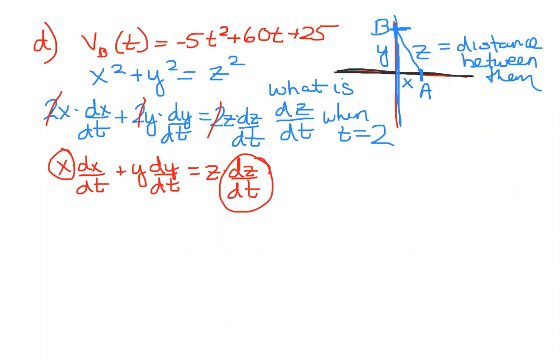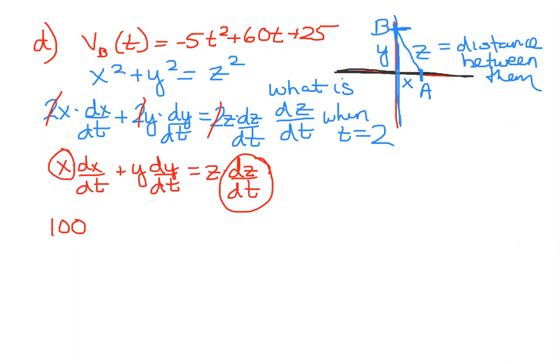X is 100, correct? Oh, no. X is not 100. The velocity is 100.